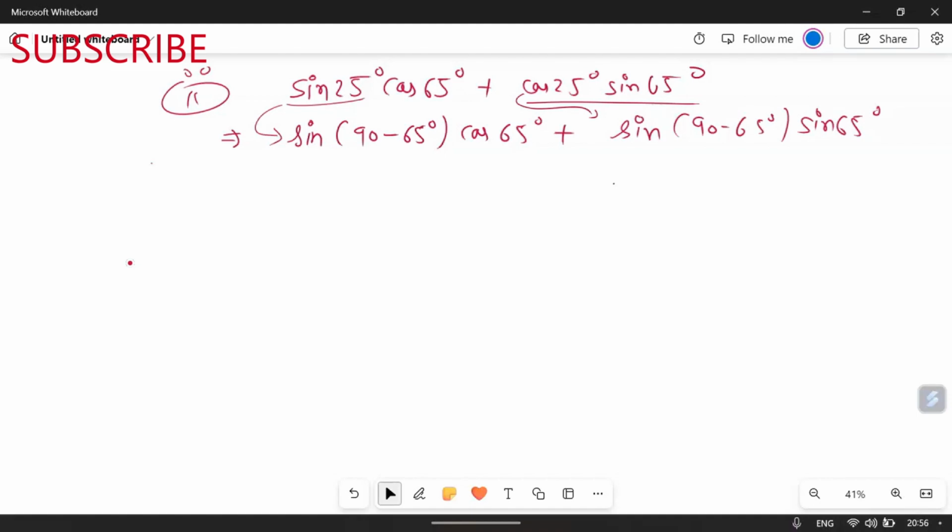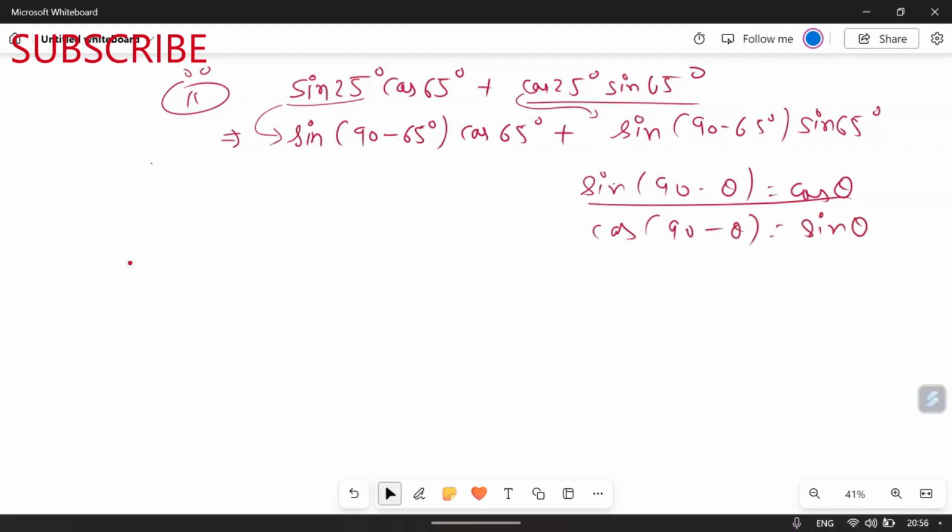So this is by using a formula. Which formula is it? Sine 90 minus theta is your cos theta. 25 can be written as 90 minus 65. So then we can apply this formula, and cos 90 minus theta is your sin theta. By applying this formula in this equation, what will we get?